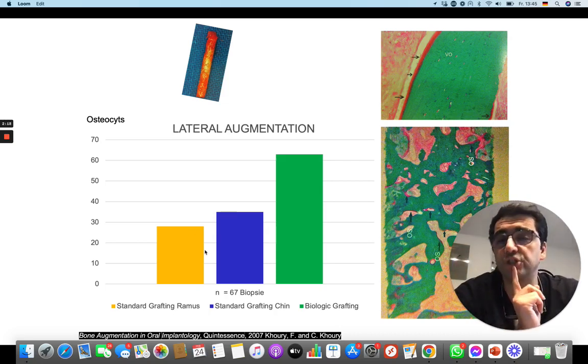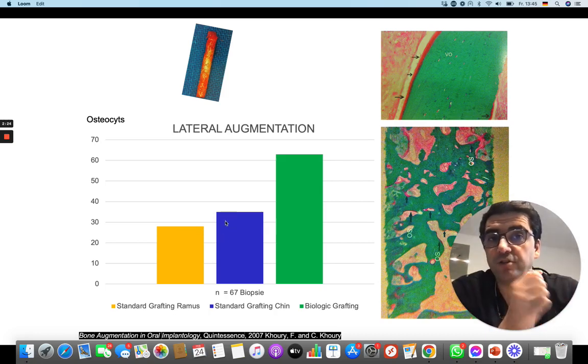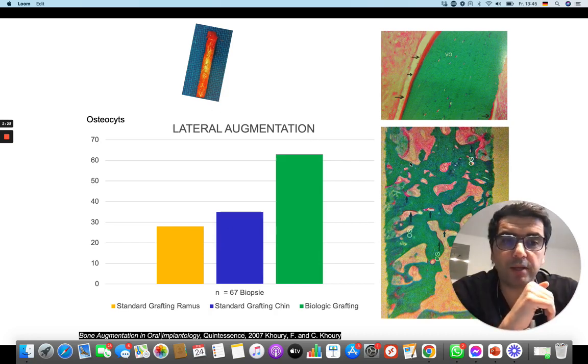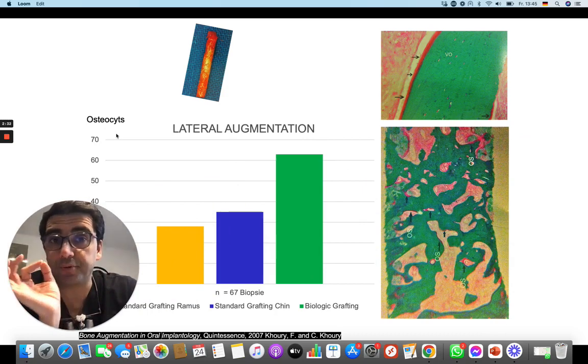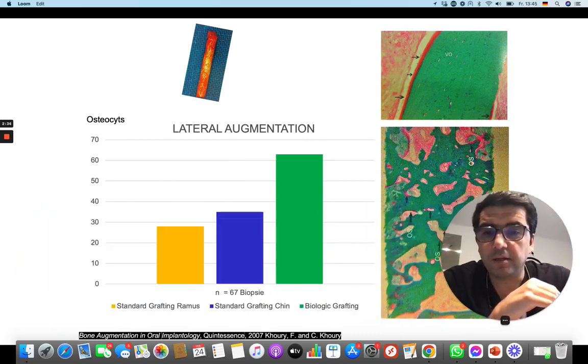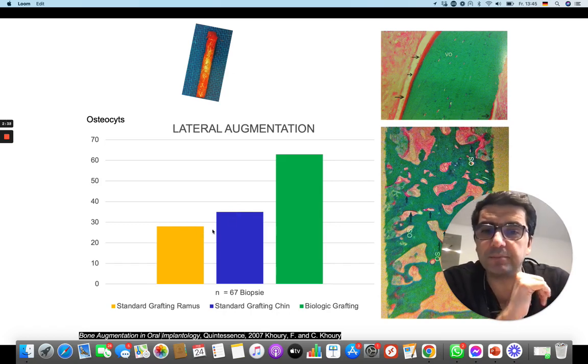If you go to the chin, harvest a block from the chin and use it as grafting material, and after the regeneration you check in a histological way how many osteocytes in percent you have, you get between 30 and 40%, nearly 35%, a little bit more.